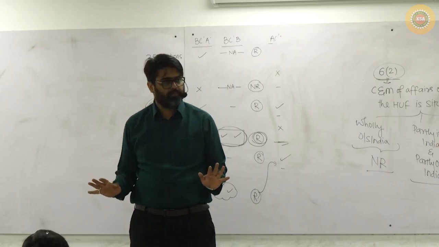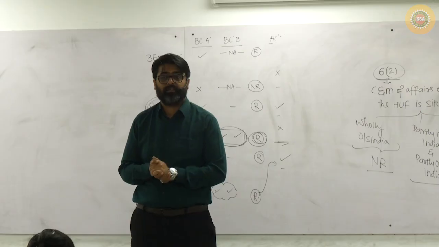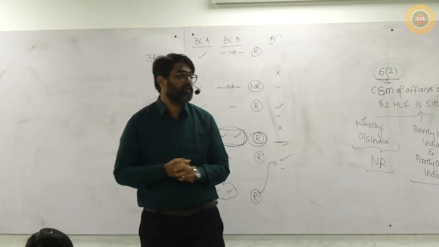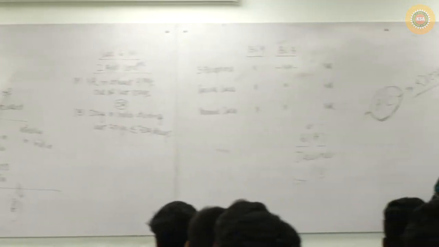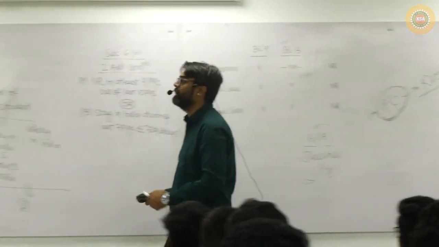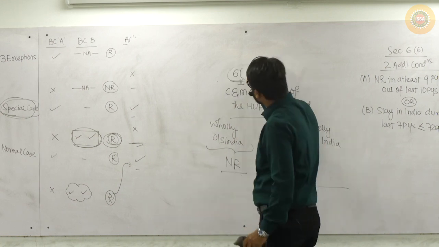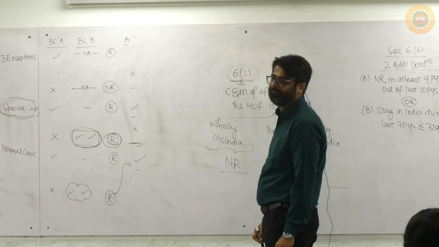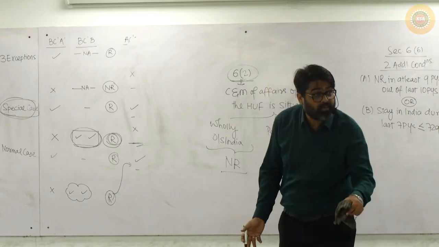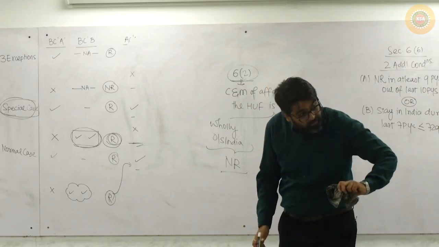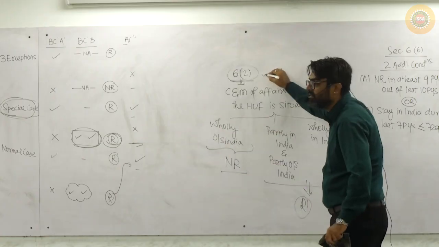Over. Okay. Now, let's go to the next residential status: residential status of partnership firms or AOP and BOI. Same section for partnership firm including LLP, or AOP and BOI. Same 6(2).